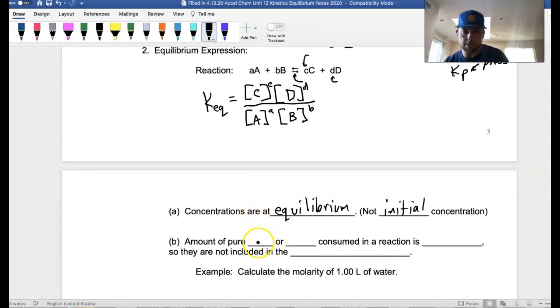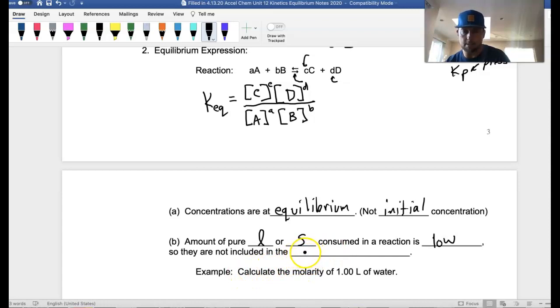For pure liquids or solids, we say the amount consumed is very low, or the concentrations are so low that they stay constant. The amount that's used is constant.